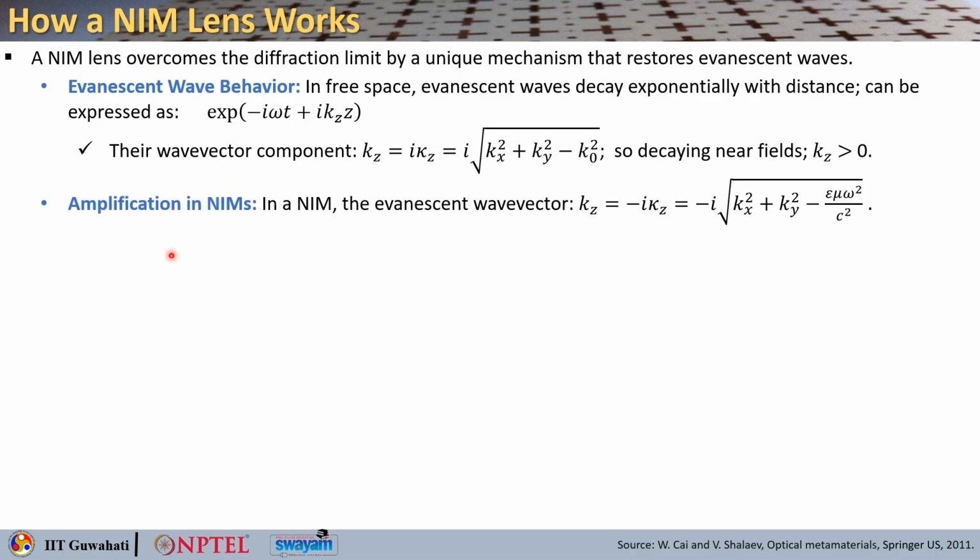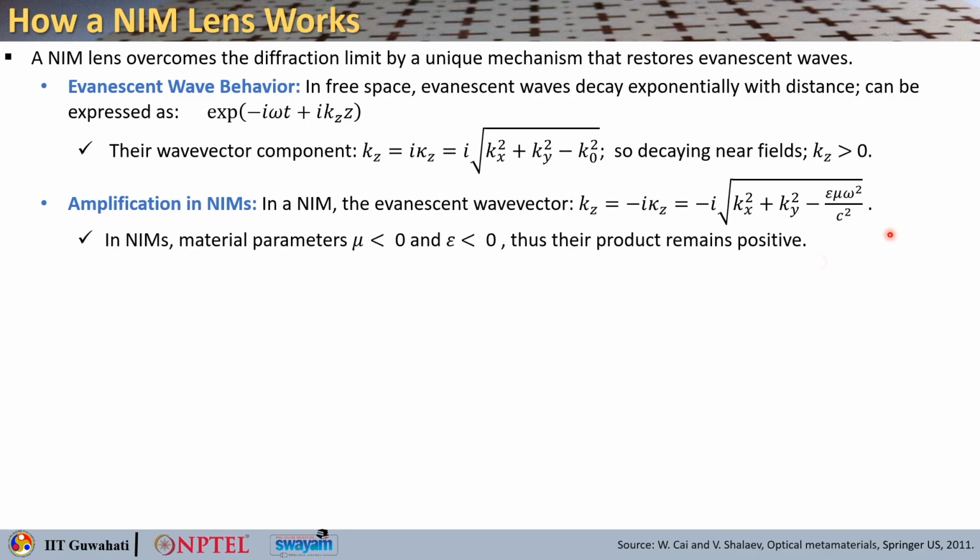Now inside the negative index material, these evanescent fields get amplified, and that happens because in that case the kz, which is −i κz, will be written as −i times the square root of kx² + ky² − εμ ω²/c². So this is negative imaginary, right?